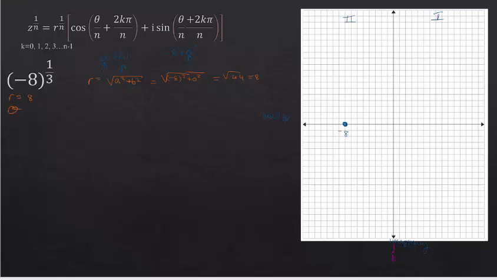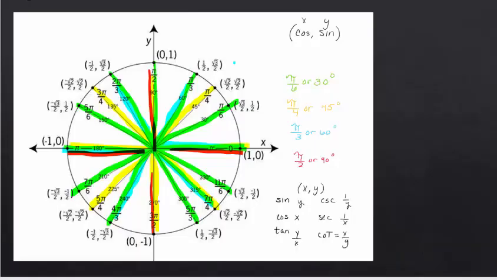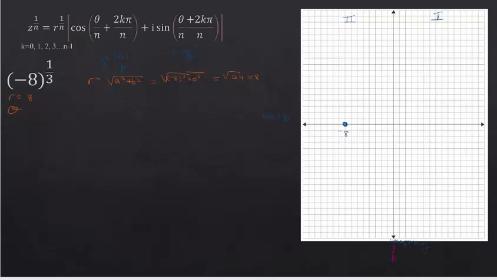So theta is the measurement of that angle. And you might know it right away just from looking at this, but just in case it's not clear, and so you know the steps for another one where it's not laying right on the axis, let's go through this. So if you remember from the unit circle, our x values stand for our cosine, and our y values stand for the sine, and our tangent is y divided by x. So in our case here, we have a y and an x.